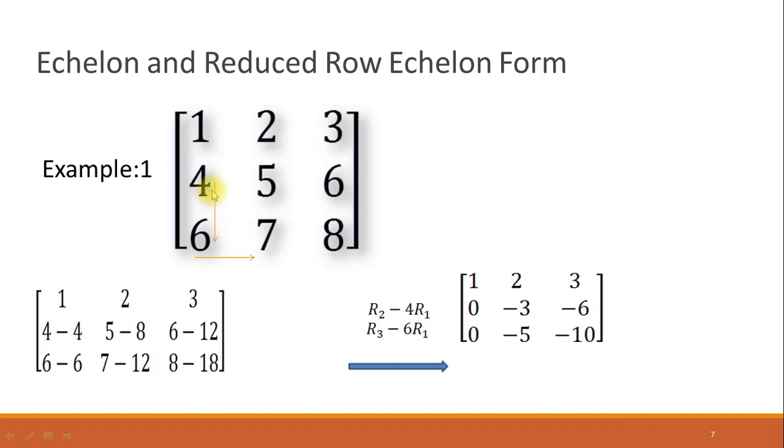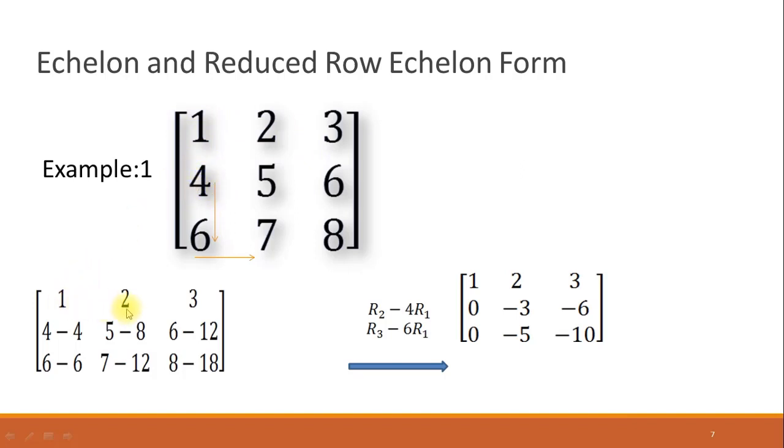Dear students, start your work in this direction. First, make this 4 0 and this 6 0. To make these 2 numbers 0, we need some elementary operation. For example, multiply R1 by 4 and subtract this from the second row.